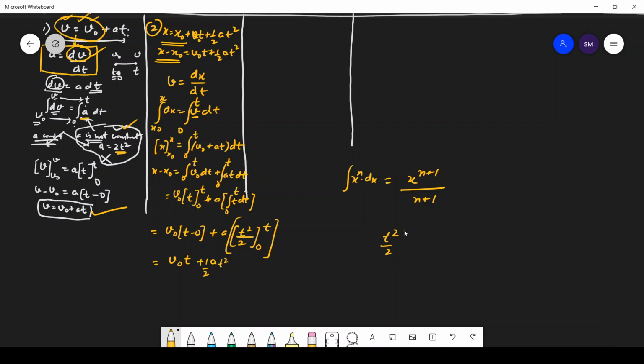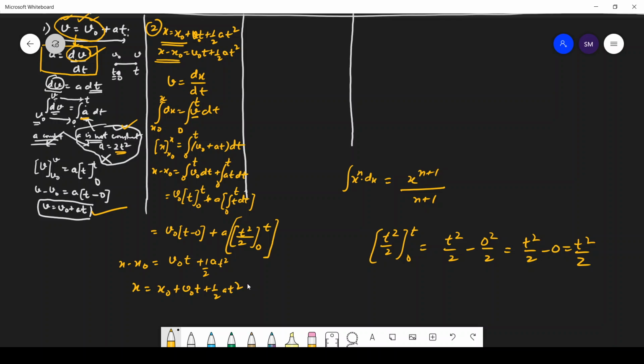So t square by 2, limit t to 0, put t equals t first, the final value, minus put t equals 0, so 0 square upon 2, that's t square by 2 minus 0, that is t square by 2. So students, that's how we get x minus x naught. So that's your displacement, and if you want to write it in terms of final position, x naught will become positive: x equals x naught plus v naught t plus half a t square.